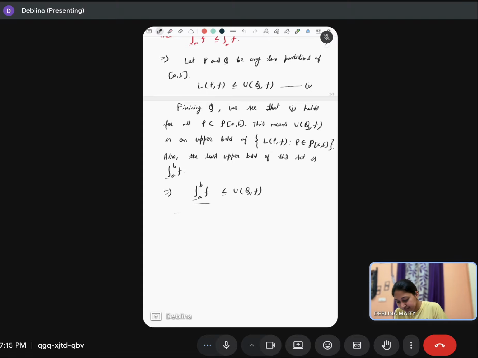So this means if we take this set now, then this integral from a to b of f is a lower bound of this set, right? Then this set has a lower bound which is the integral from a to b of f, right? This is a lower bound.